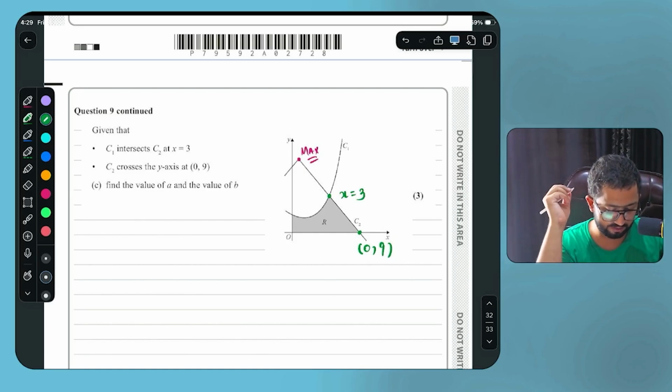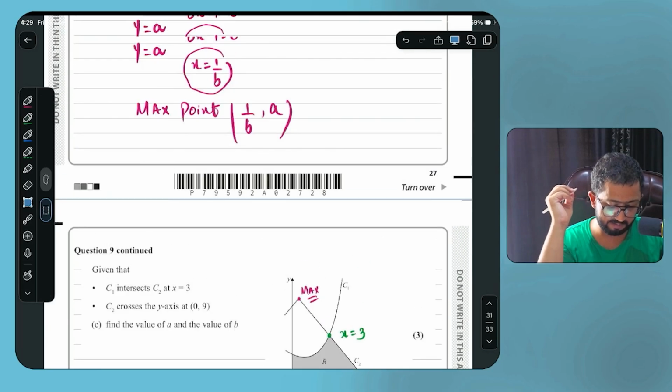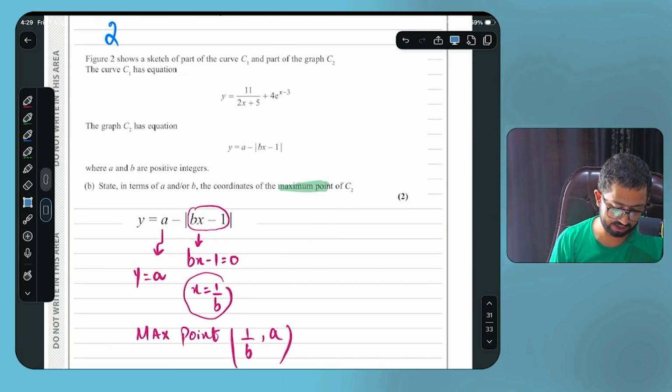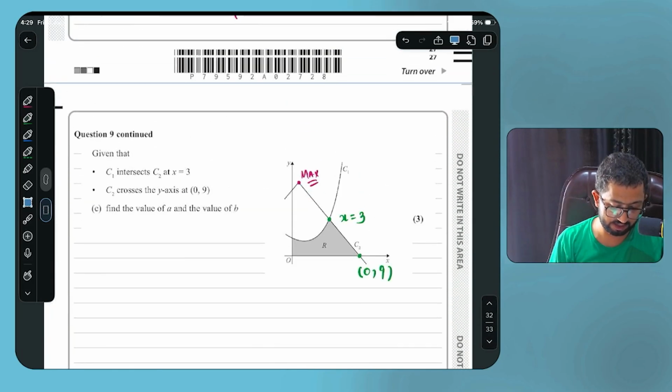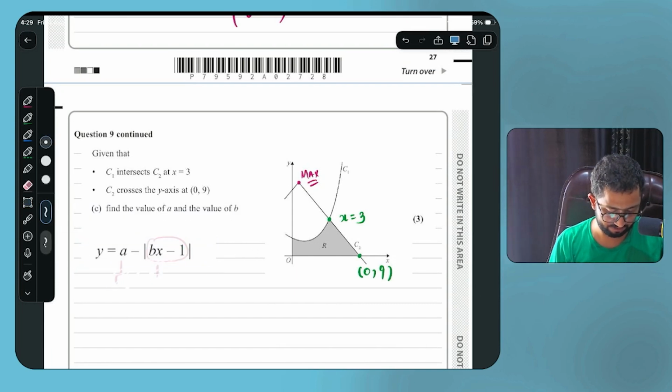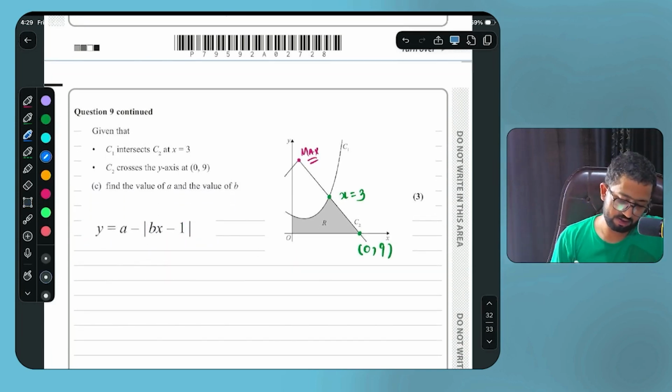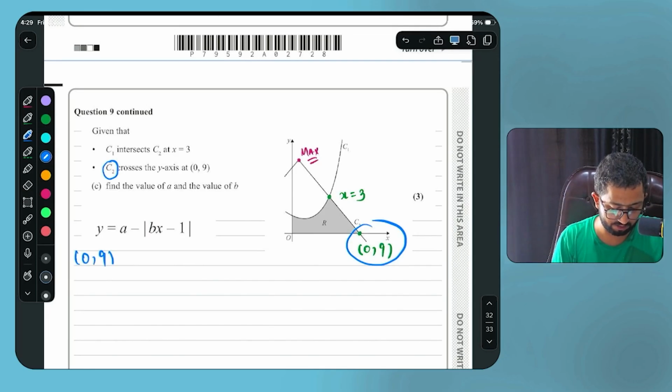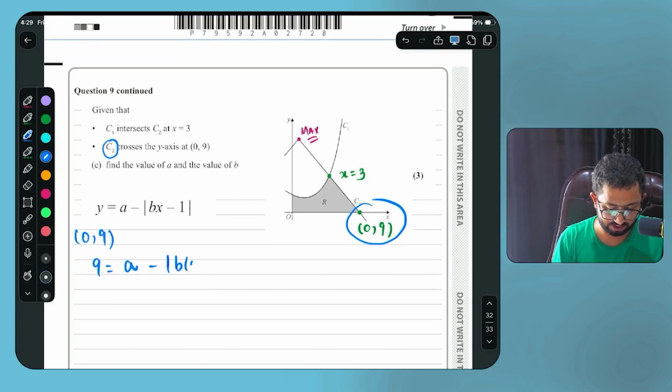Find the value of A and find the value of B. As you can see, A and B are part of the C2 curve. The C2 curve has the point 0, 9, so you can put 0, 9. The y value is 9 and the x value is 0.